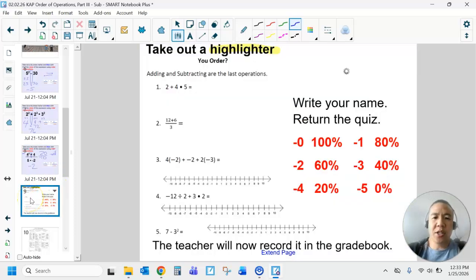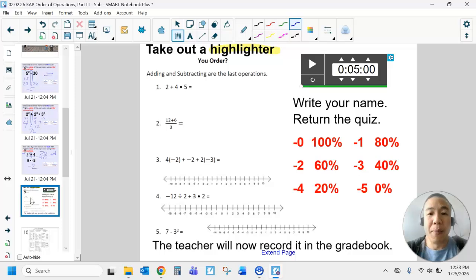So the teacher now will be passing out your Magical Monday, your Throwback Thursday, quiz. There are 5 questions. If you would like to use a highlighter, please take it out. Make sure you write your name on it and return the quiz. When I return this afternoon, I will be grading it and recording it into the grade book.